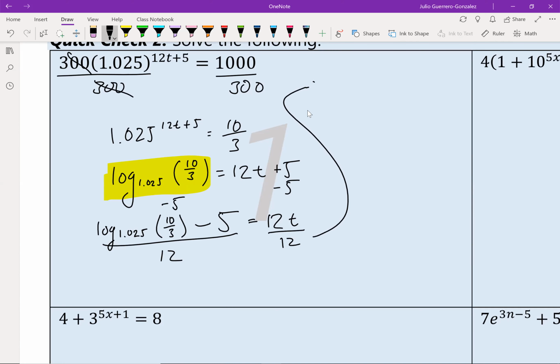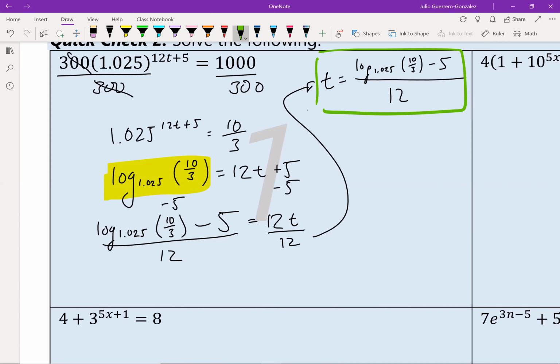I'm going to write it up here. t is log base 1.025 of 10 over 3 minus 5, all over 12. And we are done. Got it?